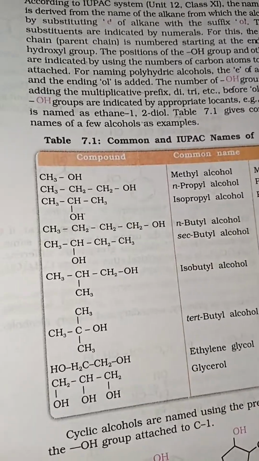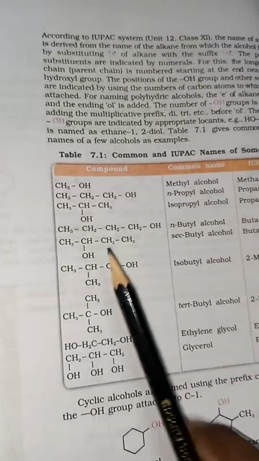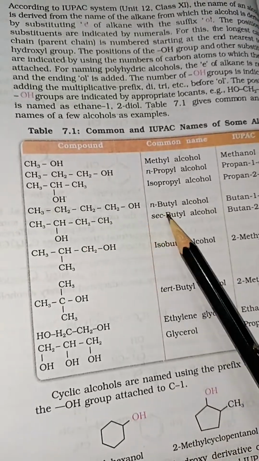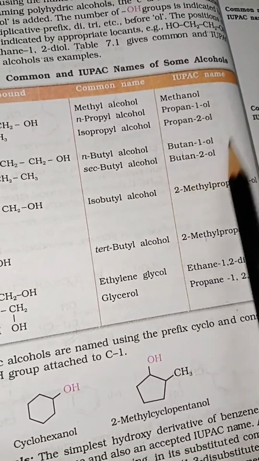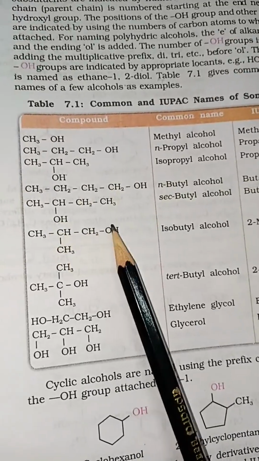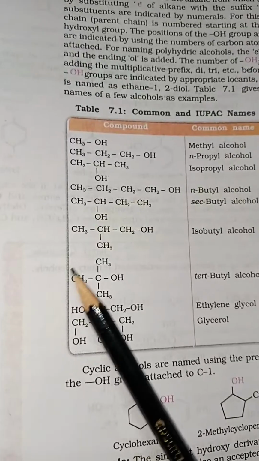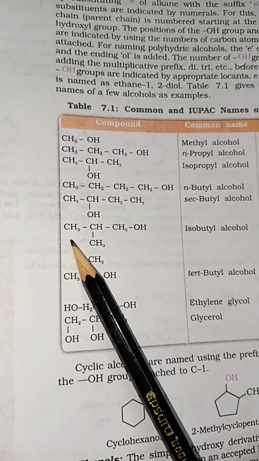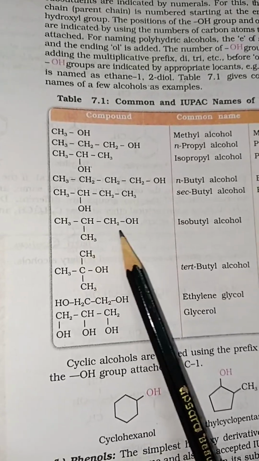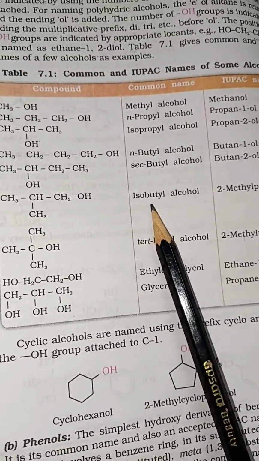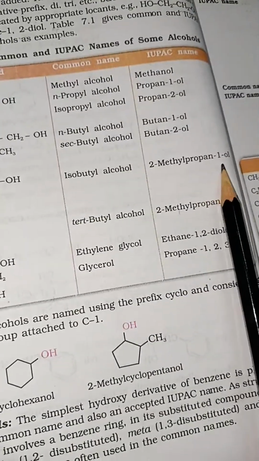The next one is isopropyl, and then n-butyl alcohol, which is butan-1-ol, and this is another, butan-2-ol. Another one we can see is CH3, CH3 and CH2OH, called isobutyl alcohol, 2-methylpropan-1-ol.